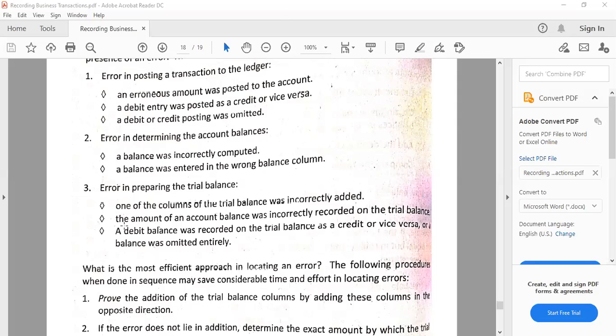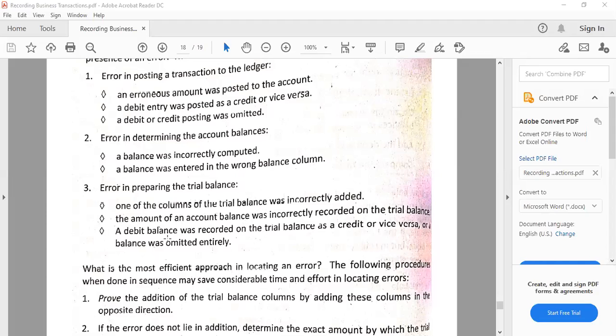Number 3, error in preparing the trial balance. One of the columns of the trial balance was incorrectly added. So this is now the footing process. This is what we said as the first step to do. Then this one, from the T account, we incorrectly copied the balance. So for sure, the trial balance would not be balanced.